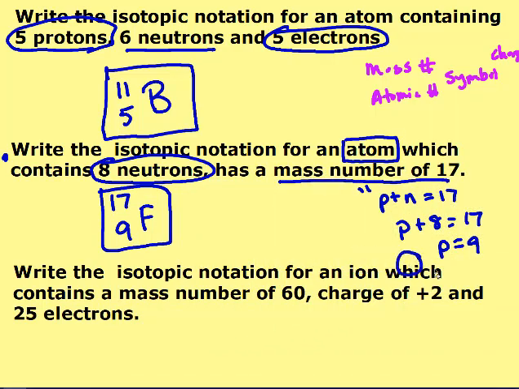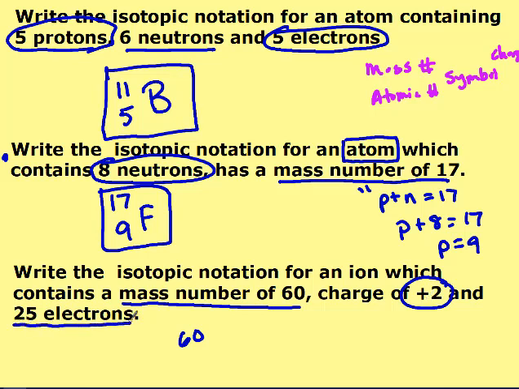All right, go ahead and pause the video and do the last one. Restart when you're done. So for this one, they also gave you the mass number, so we know that it was 60. This one gave me electrons and charge. So since it's a positive 2 charge, I know I must have more protons than electrons.